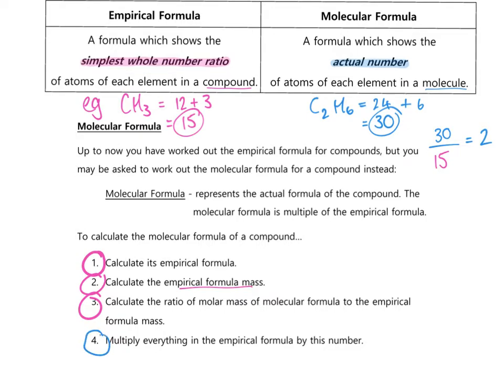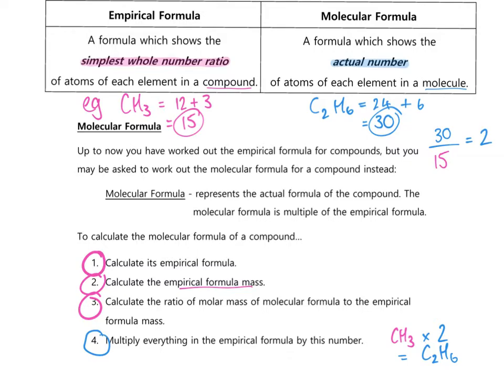So if it was our example of ethane and we didn't know the molecular formula, we were just given that molecular formula mass, we would be saying, okay, well, my empirical formula is CH3, my ratio is 2, and so my molecular formula is going to be C2 because there was 1 carbon and now there's 2, and H6 because I had 3 multiplied by 2, which is 6.